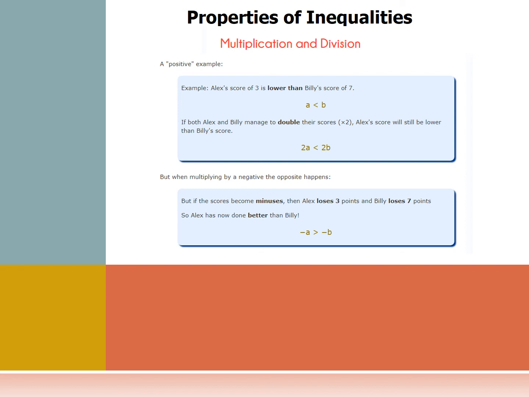But if the scores become minuses, then Alex loses 3 points and Billy loses 7 points, so Alex has now done better than Billy. When we multiply by a negative, the opposite happens. We change the sign from less than to greater than when we multiply by negative numbers.